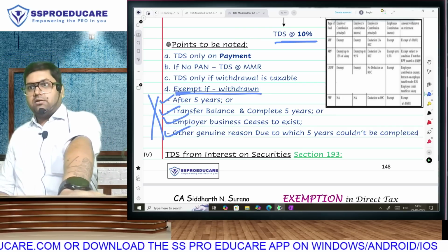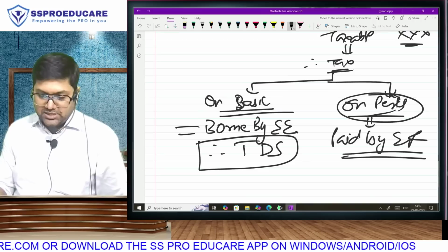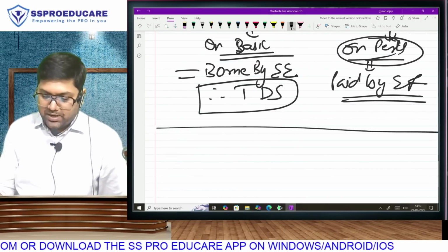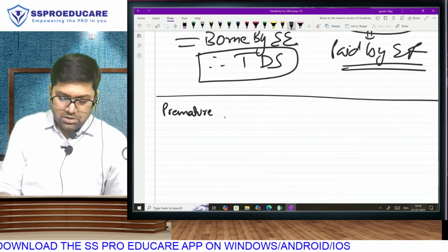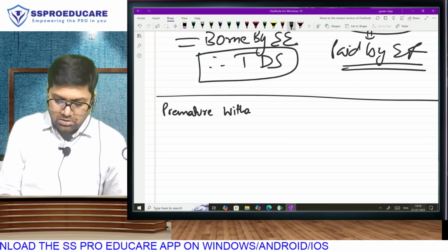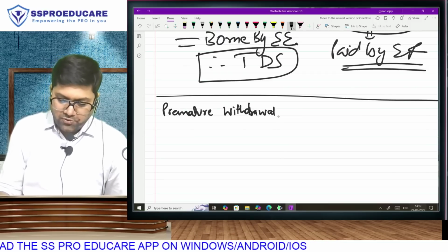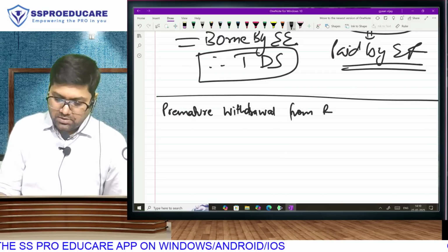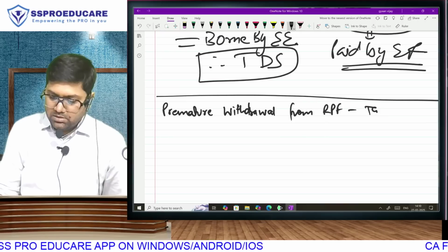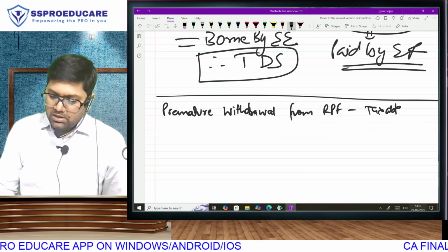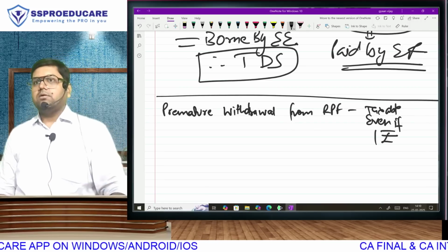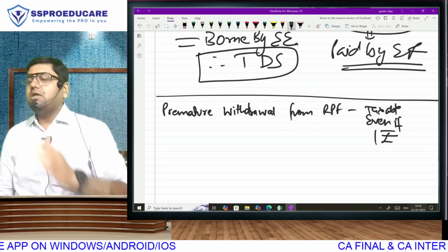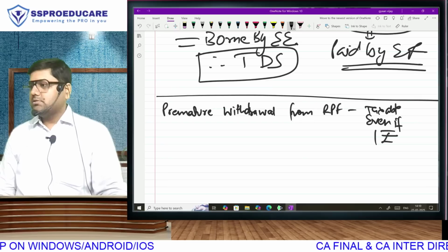Let's be clear about this part, that premature withdrawal from RPF is going to be taxable, even if it is 1 rupee.